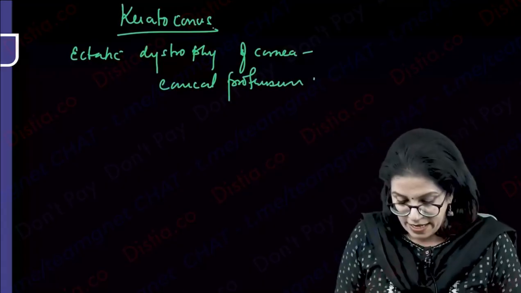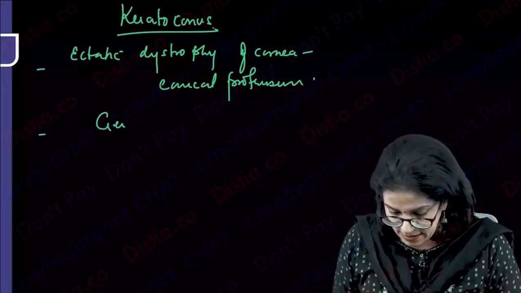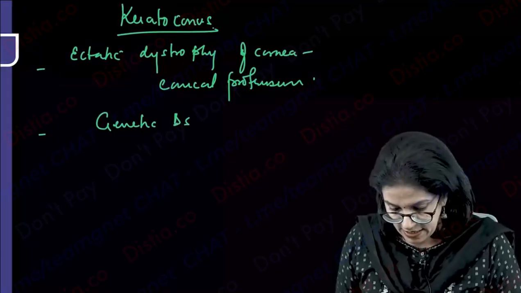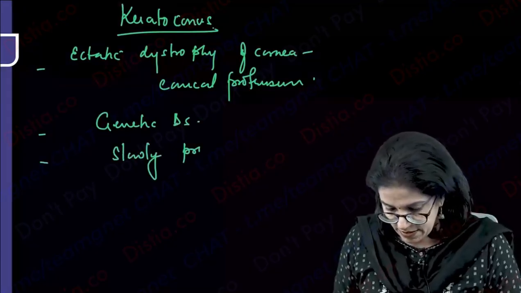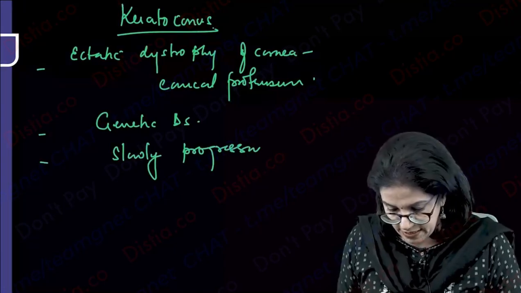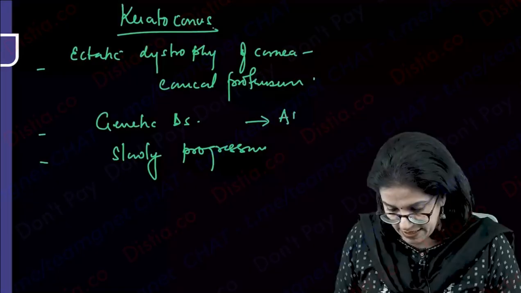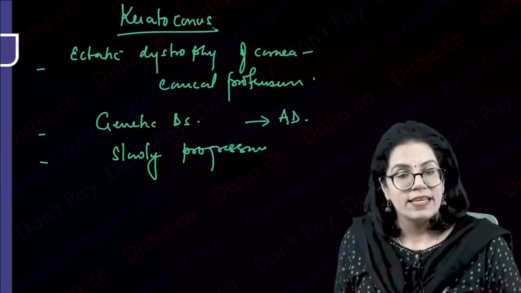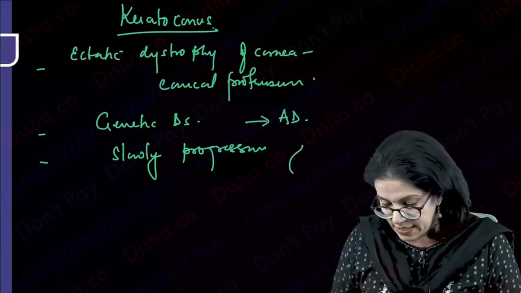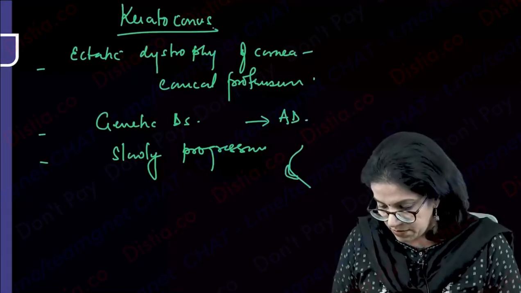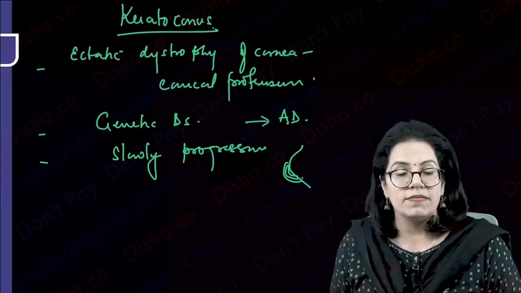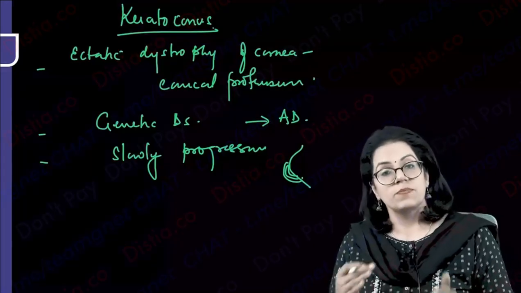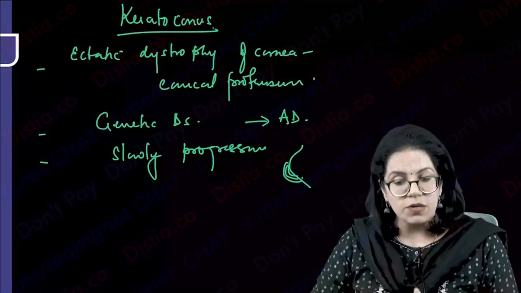Right? Is it a genetic disease? Yes, genetic disease, slowly progressive. And what is the mode of inheritance? We will learn it as autosomal dominant. Slowly progressive means if this is the ectasia, in the majority of the cases it becomes a progressive type. So it may be non-progressive, but generally the nature of the disease is slowly progressive.